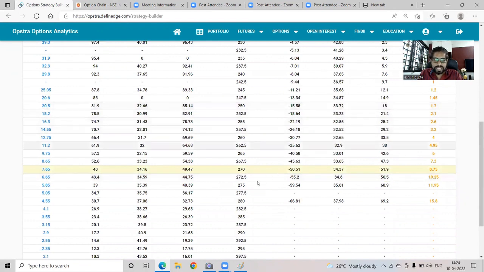As you can see, the put option is 19 points lower versus the call option, which is 21 points higher, and it is trading higher only because ITC has been running higher and higher every day, every week. So there's a good skew being developed on the call side.